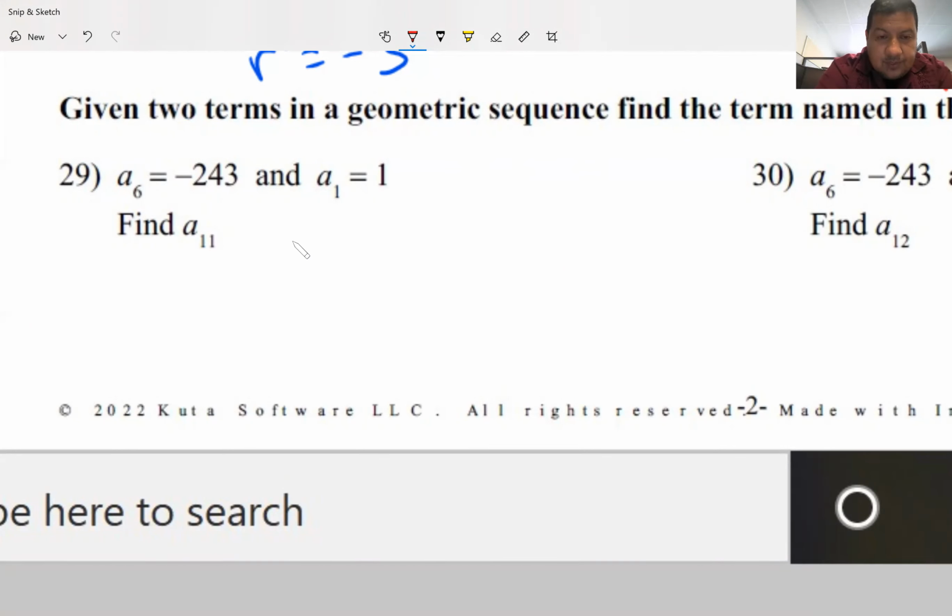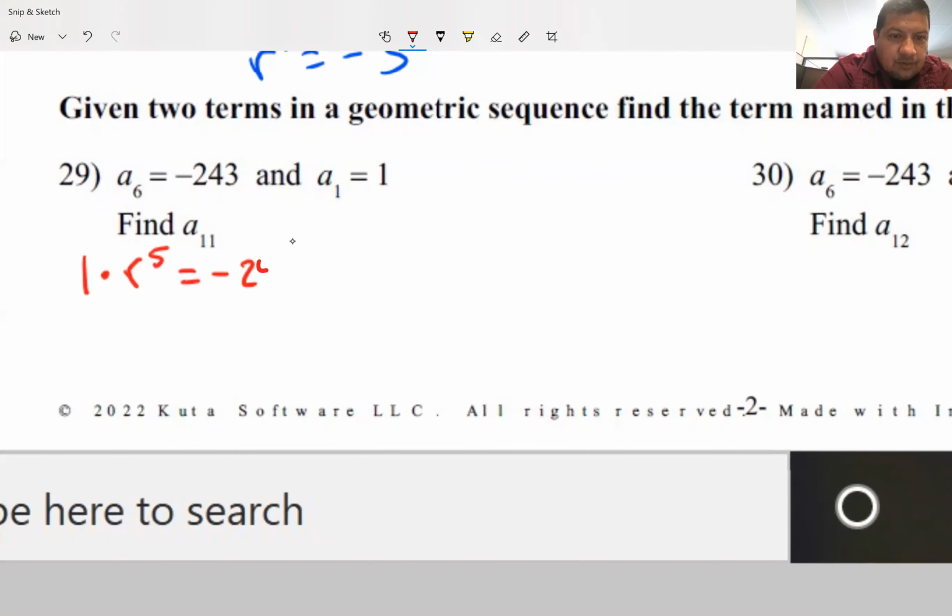The way I'm going to do this, I'm going to find the ratio first. And I'm going to say 1 times, I always start with the first number from the list, right? The smallest number. First comes before 6. So I'm going to use a sub 1. So a sub 1 times the ratio to the fifth power is equal to negative 243.